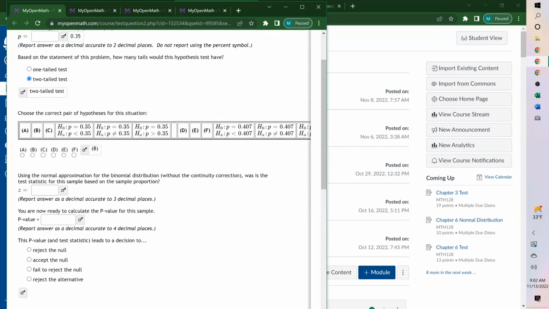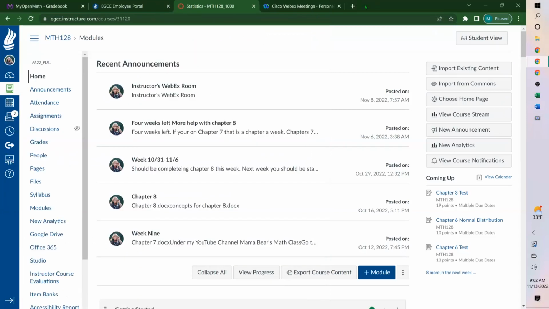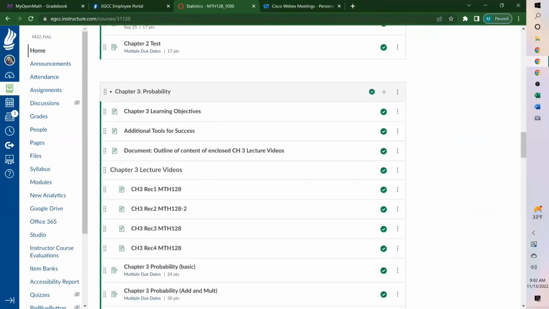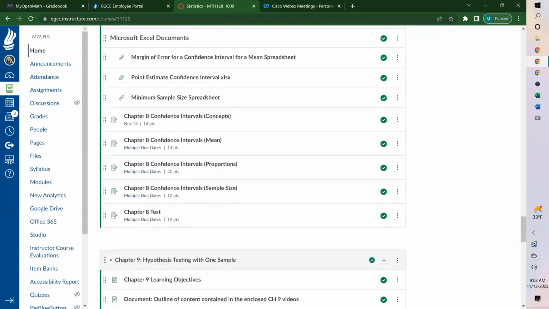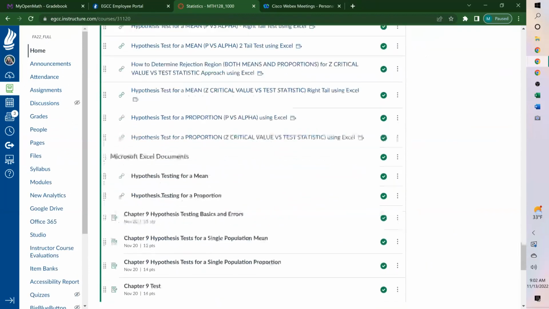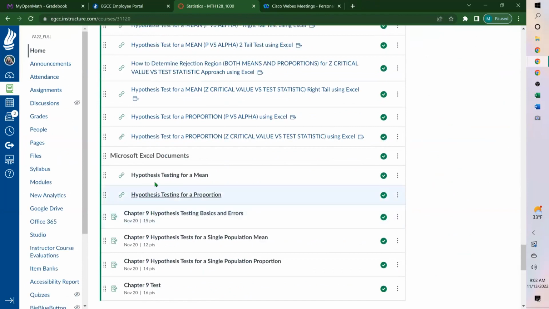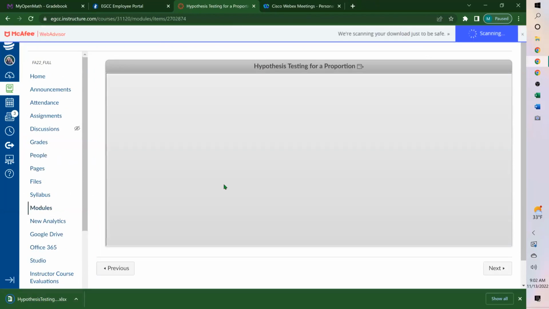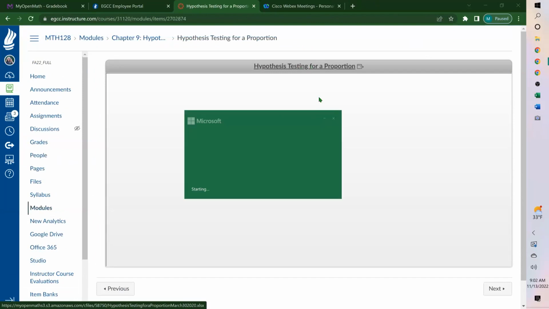To find the z and the p-value, you go to Canvas. You want to use your home screen, not assignments. Then go down to Chapter 9. This was a hypothesis test for a proportion, so we use this one. If it doesn't open for you, there will be a link here that will open it for you.